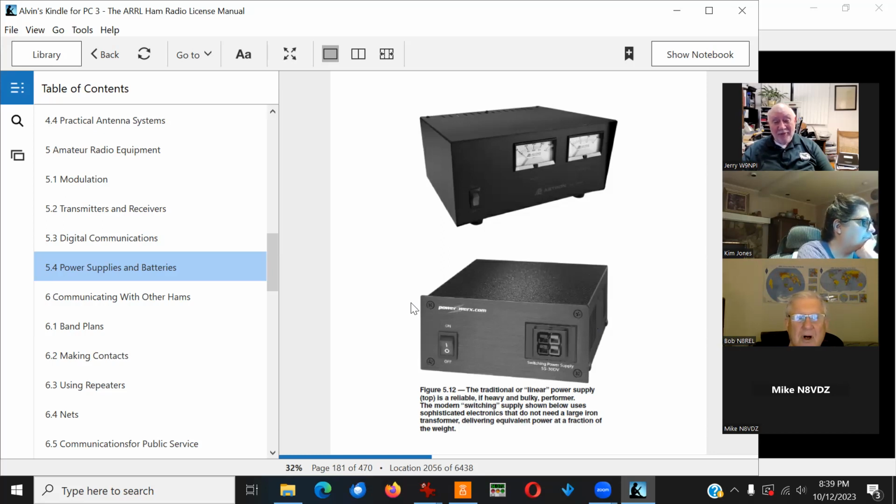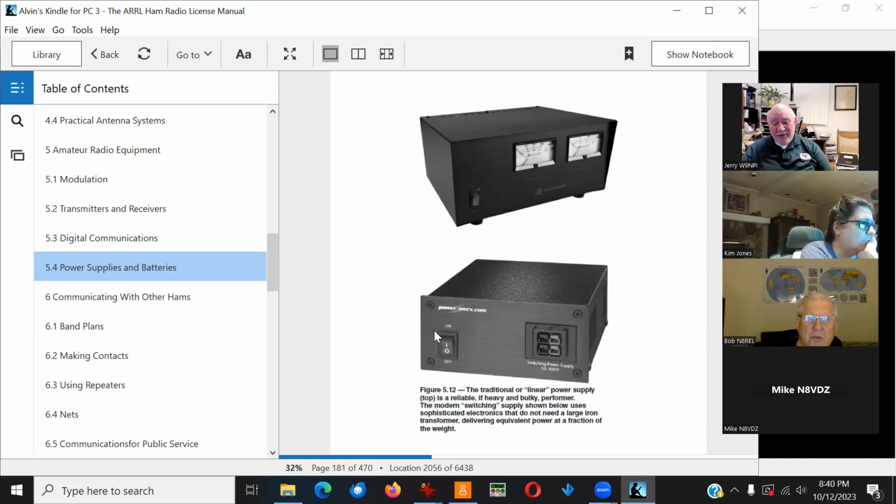How many amps do I need? Well, I always say think ahead. Get enough that will power your FM mobile rig, and for 50 watts that would probably take around 8 to 10 amps. But get one that is going to give you enough power so you'd be able to power an HF rig.